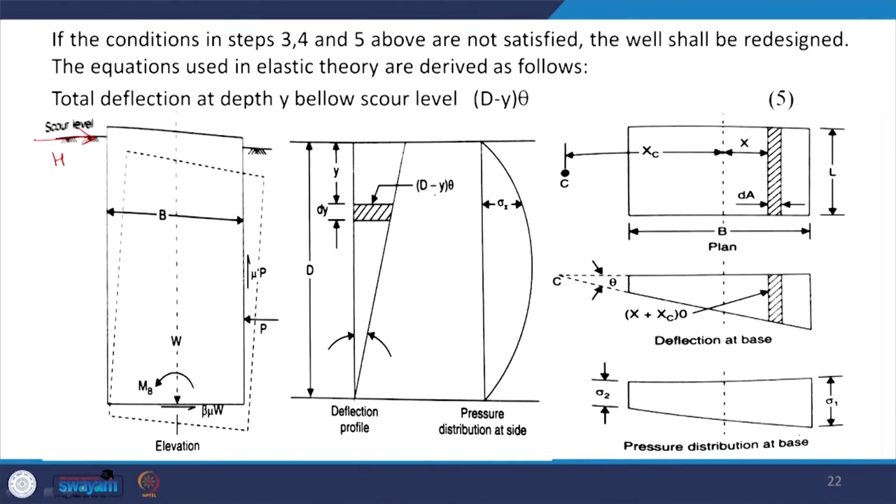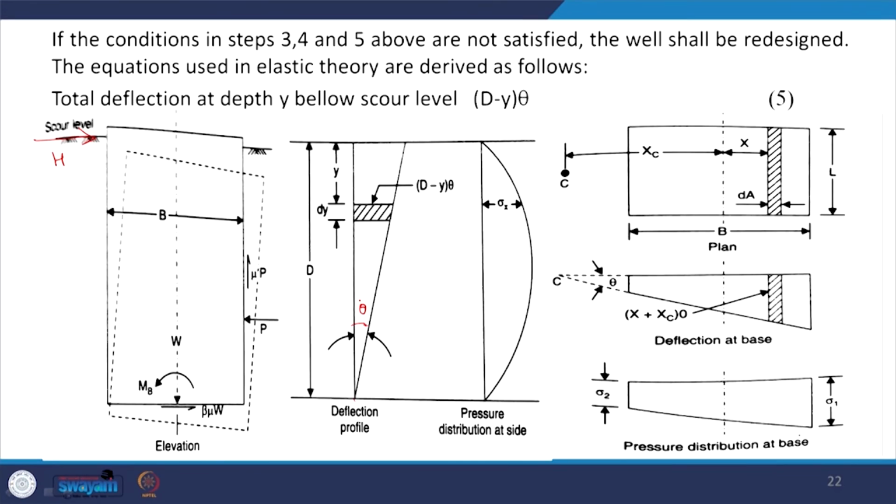If you consider the variation to be linear, the deflection at any depth y from the ground can be (D minus y) times theta. At y equal to D, the deflection becomes 0, and at y equal to 0 it is simply D into theta, where theta is this angle.